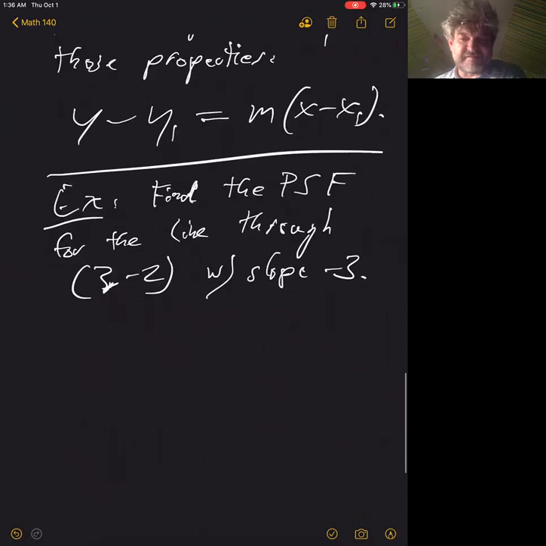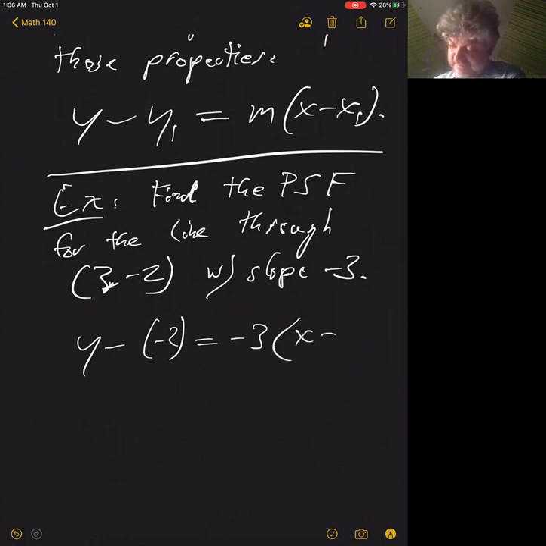And the nice thing is you can just write it down. There's no computation necessary. You just need to take the y value. That's a -2. And you need to subtract it from y. y minus -2 is the slope, -3, times x minus the given x value, x minus 3.